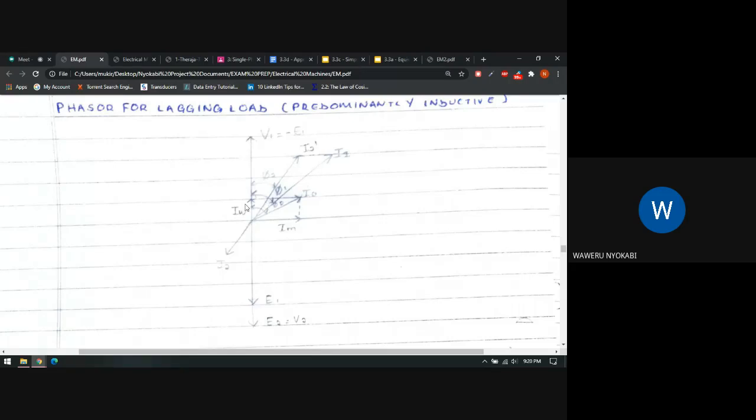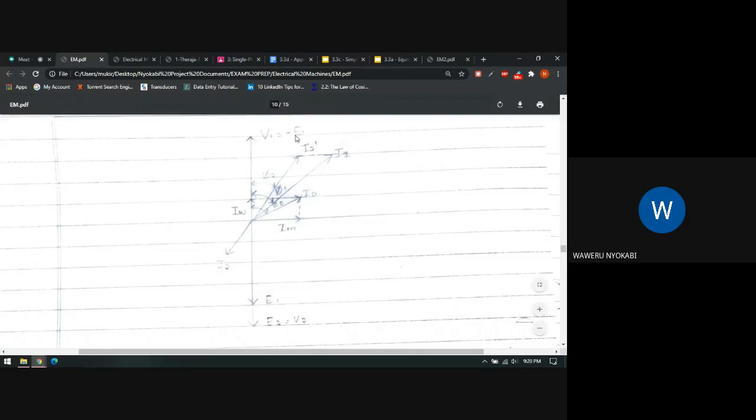We had V1 and E1, which are equal in magnitude but antiphase. We touched on this, and that's why we said V1 is also negative.